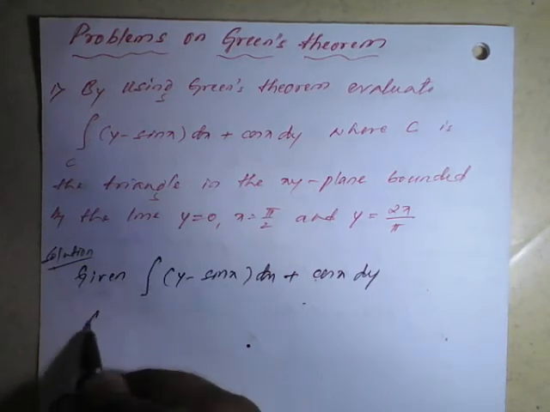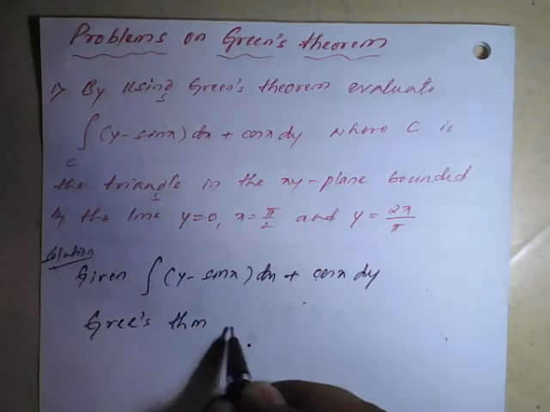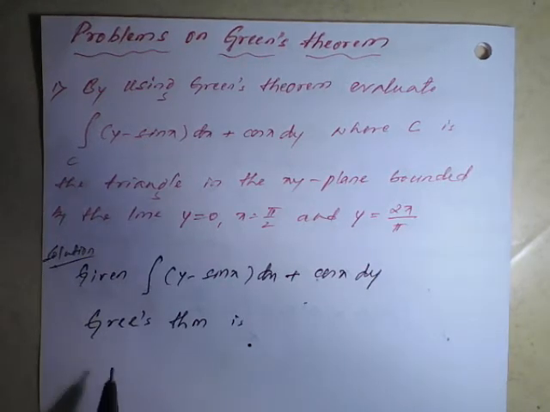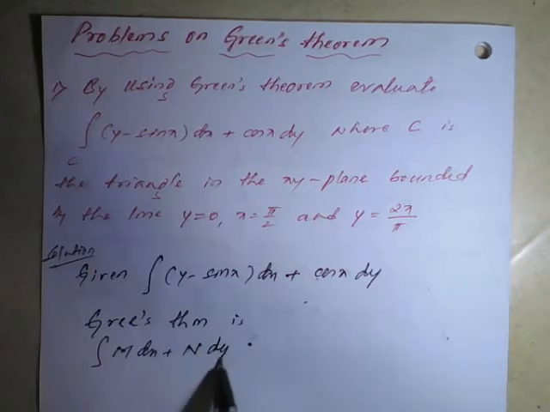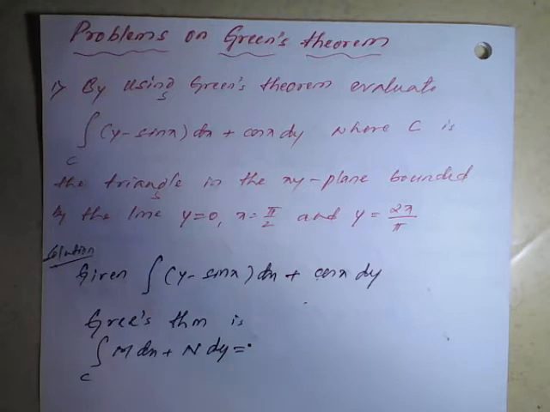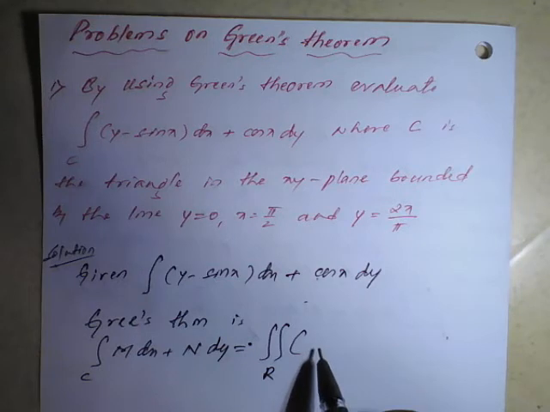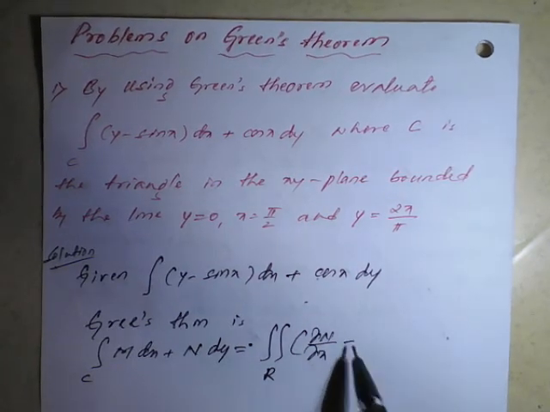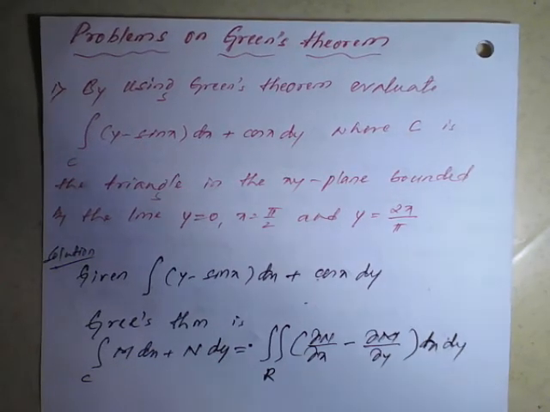So Green's theorem is given by integration of m dx plus n dy over the curve C is equal to double integration over the region R dou n by dou x minus dou m by dou y into dx into dy.